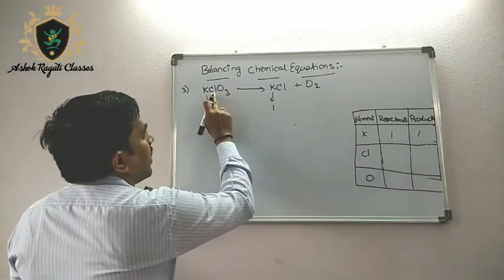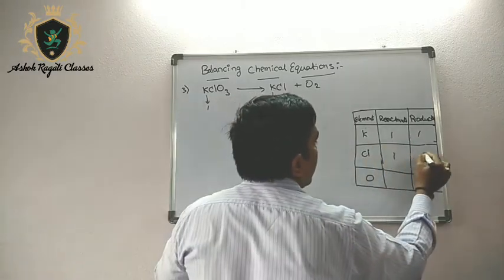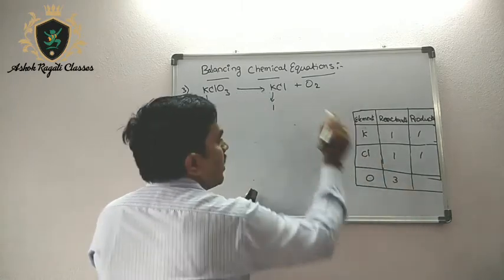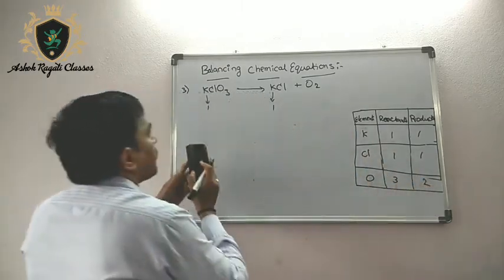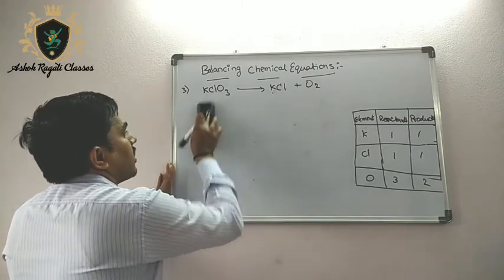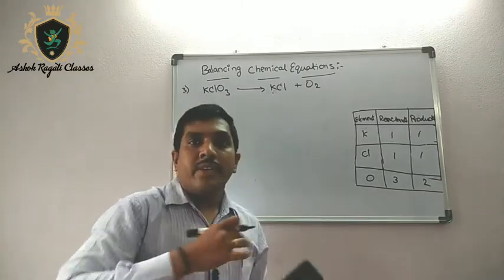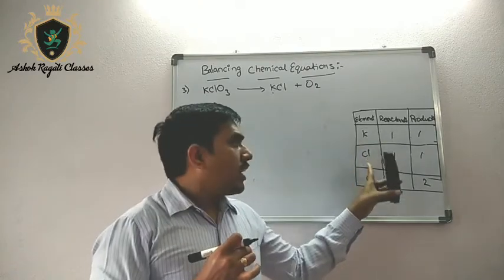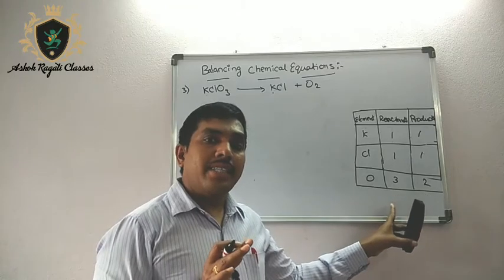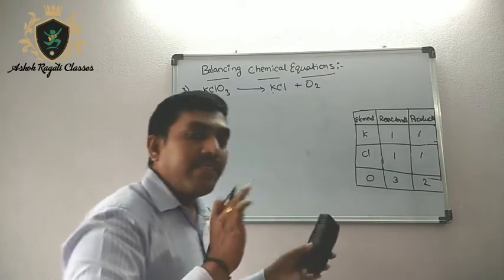In the same way, chlorine 1, 1. And oxygens are 3 here and 2 here. So this is one different type of equation. See here, potassium and chlorine both are balanced, and oxygen is not balanced, having different numbers, even and odd.